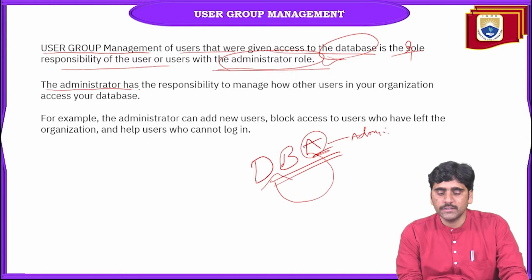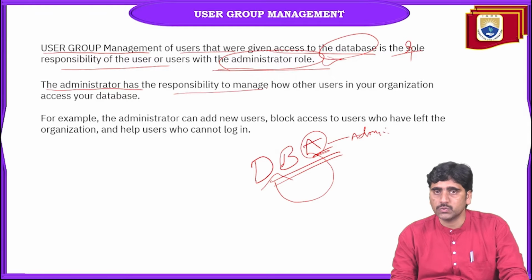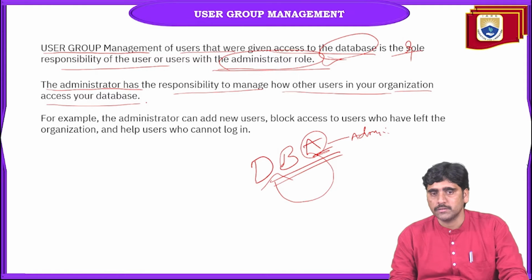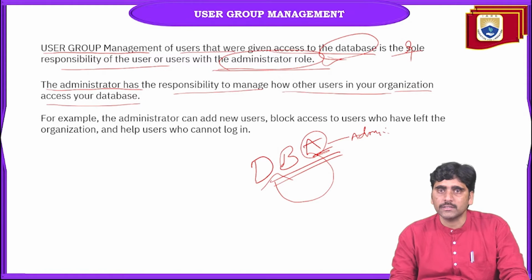Now the administrator has the responsibility to manage how other users in your organization access your database. Suppose you take a whole campus. In that campus, all the users want to access the network, the database or anything. But how can they access all this?